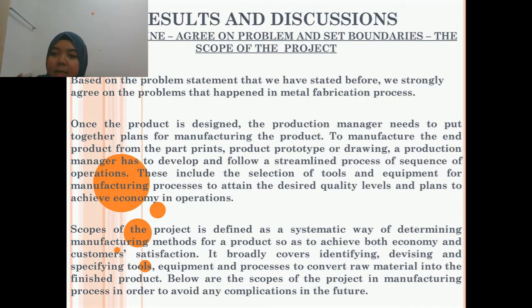It broadly covers identifying, devising, and specifying tools, equipment, and processes to convert raw material into the finished product. Below are the scopes of the project in the manufacturing process in order to avoid any complication in the future.